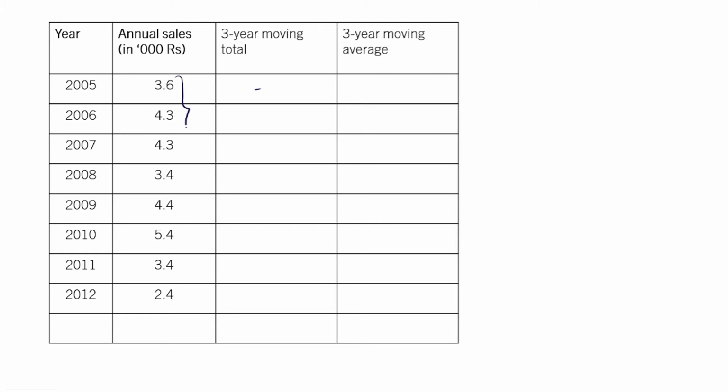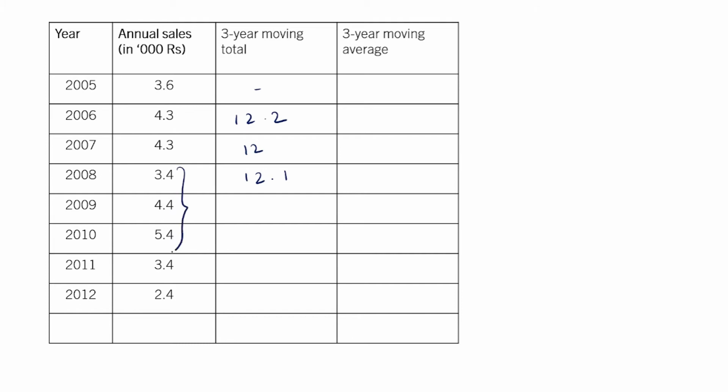For the year 2006, we add these 3: 3.6 plus 4.3 plus 4.3. So it is 12.2. Then we add the next 3 years' data: 4.3 plus 4.3 plus 3.4, which is 12. Then the next 3 years: 4.3 plus 3.4 plus 4.4, 12.1.